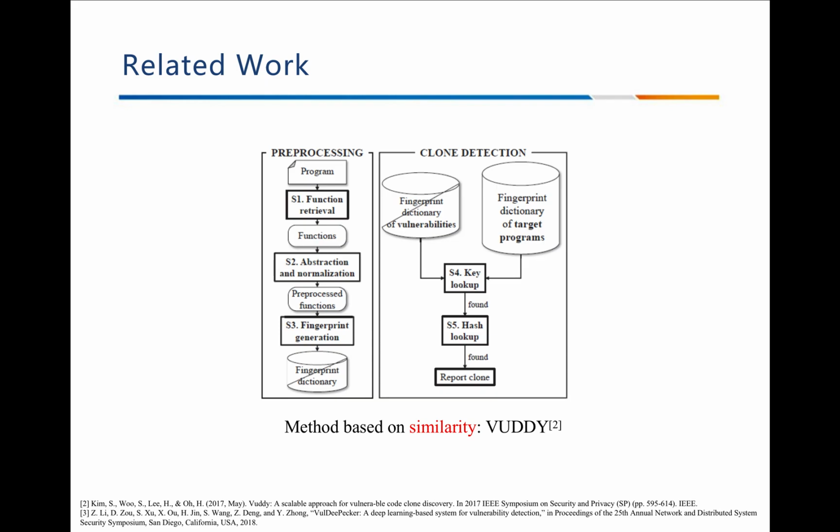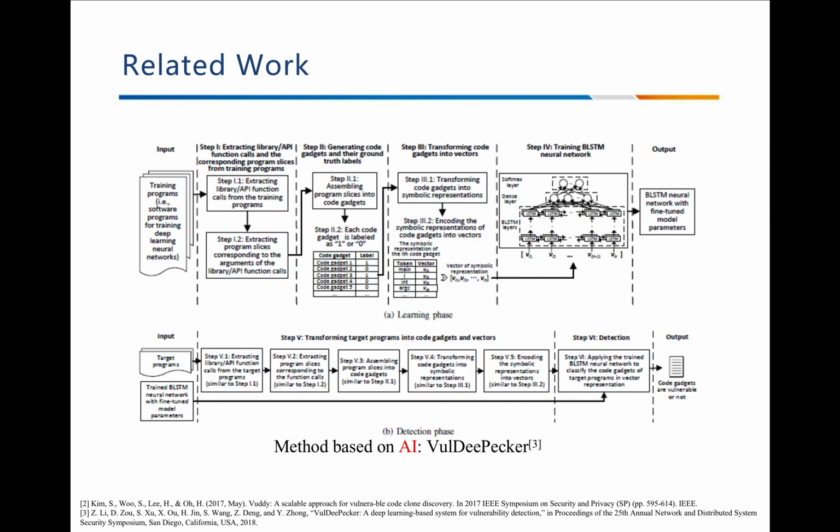Through the introduction above, we can find that the current detection of clone code vulnerabilities can be divided into two categories. The first type is to detect by measuring the similarity between the target code and the vulnerable code. The second type is an artificial intelligence-based detection method.